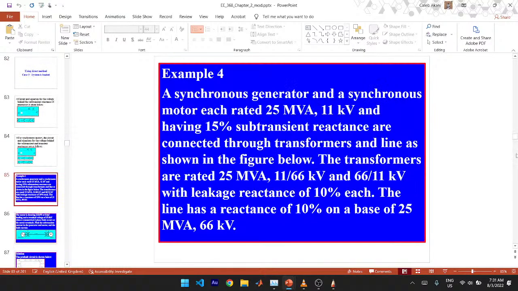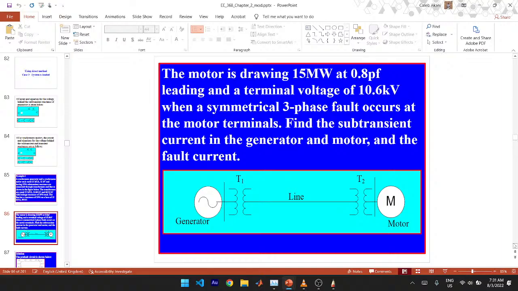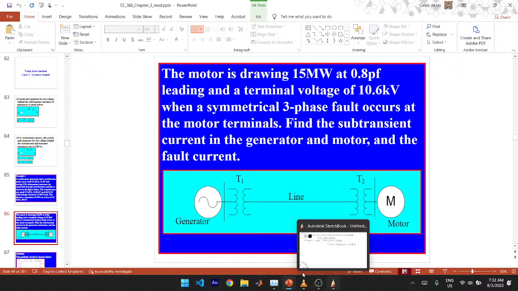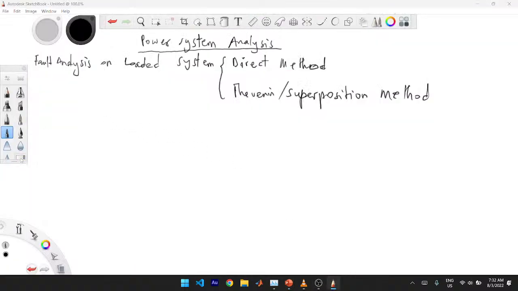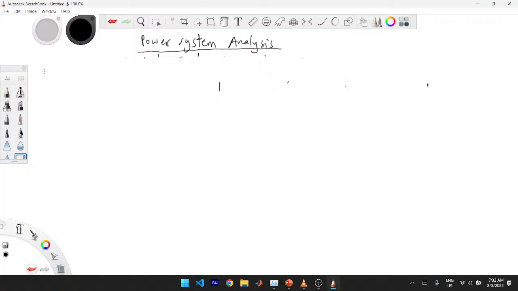Let me take the question to explain. We have this diagram, and we can see that this is a loaded system: a supply, a generator, through a transformer, through a line, through a second transformer, then to the motor. So it's loaded. Now we are thinking about the direct method.